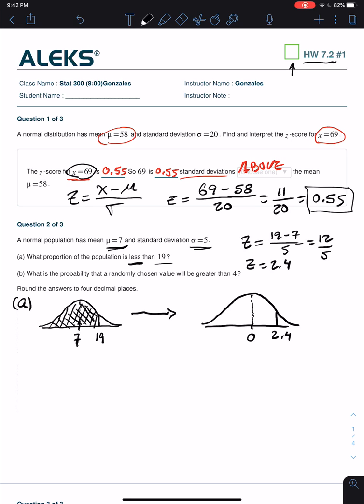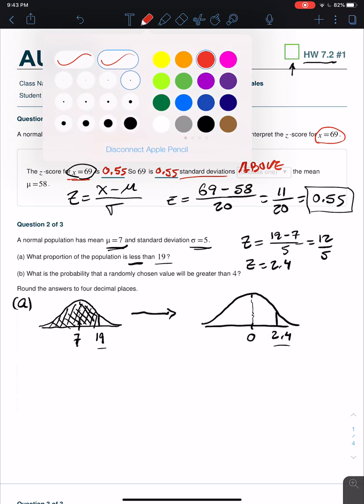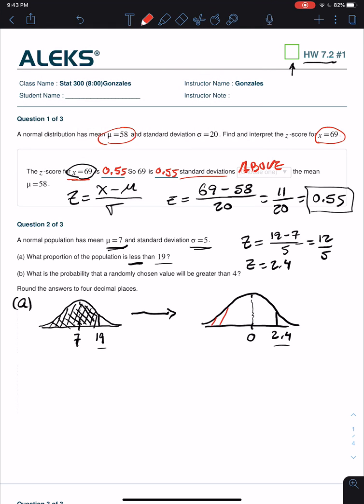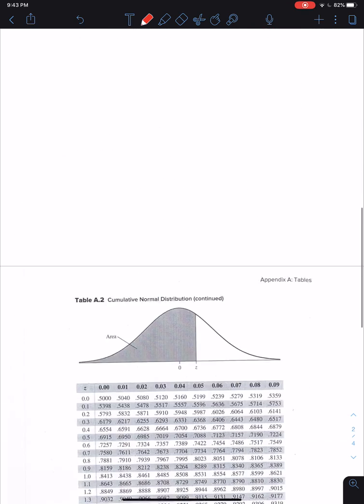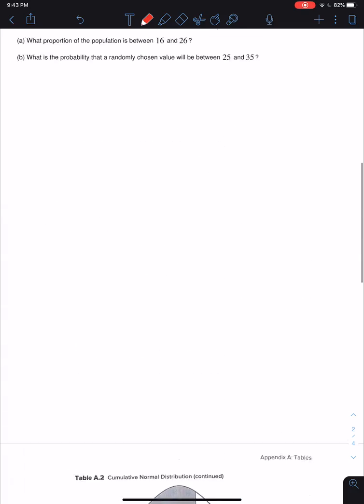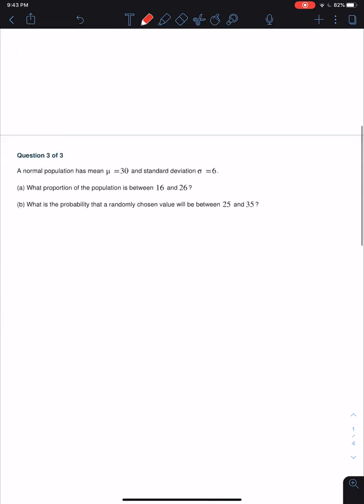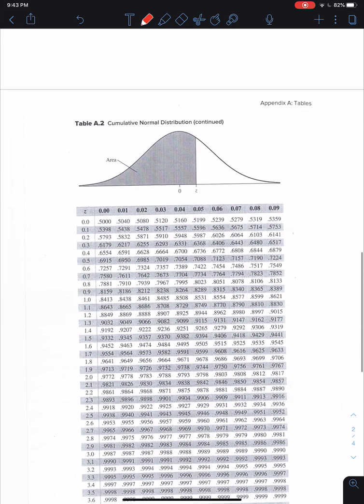So I'm looking for the value that is less than 19, to the left of 19, but its raw score 19 translates to a z-score of 2.4. I'm going to use a red pen so you can see my work on the z-table chart. I'm looking for that red area to the left of 2.4. So I scoot down here to the z-table. 2.4 is the z-score I'm looking for, and this is the positive side.